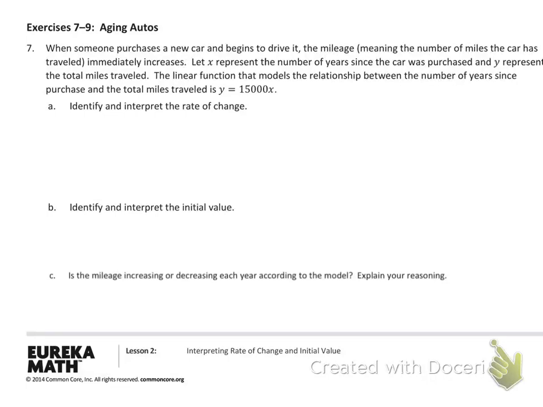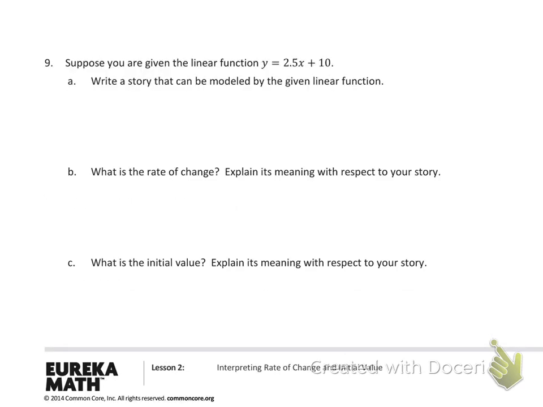For these next 3 exercises, 7, 8, and 9, aging autos, you can work on these independently and then come back. So see how you do with looking for the rate of change and the initial value and talking about whether it's an increasing or decreasing function. So work on those and then come back and check your work. Number 9 is actually one where you get to write your own.